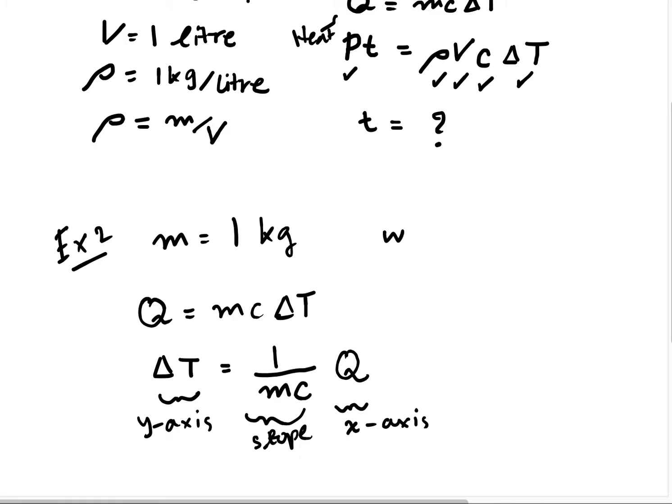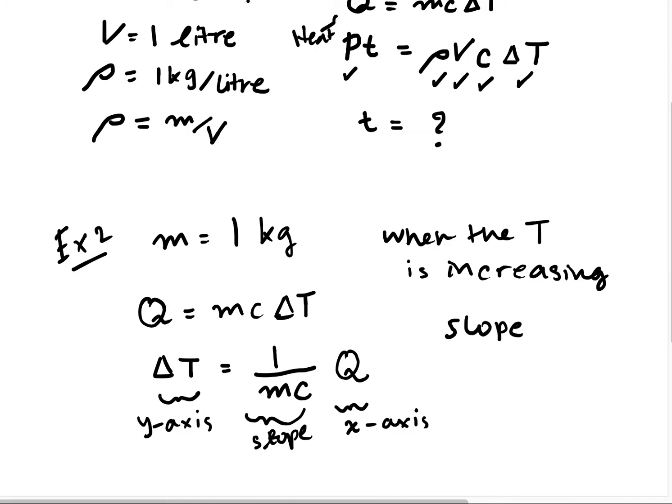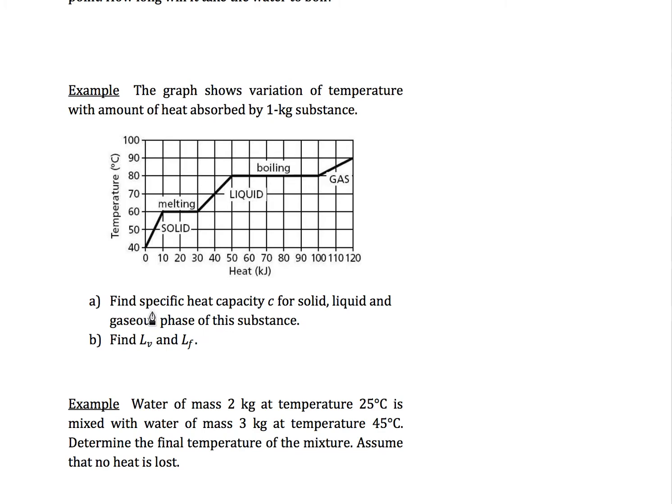Okay, so you have that when the temperature is increasing, the slope of the graph equals 1 over mc. So in this case, they ask you for the specific heat capacity for solid, liquid, and gas for this substance.